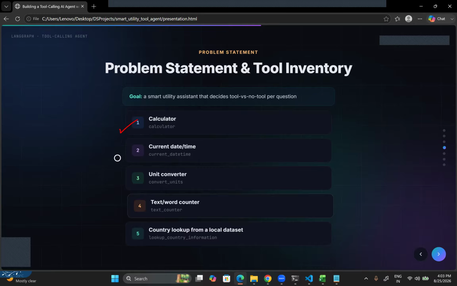One is the calculator tool, another is current date time, then unit converter to convert units, text word counter, and country lookup from a local data set to look up country information. And each one maps to a single focused Python function. I'll show you when we get into the code base.